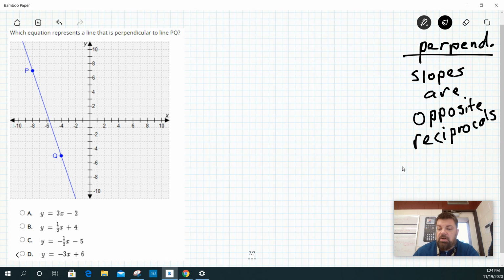So, for example, one example would be if the first slope is 3 over 4, and because this is a positive 3 over 4, now it becomes a negative 4 over 3. So that's just one example.